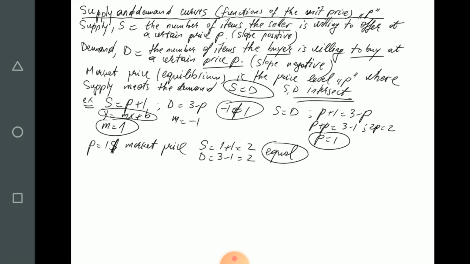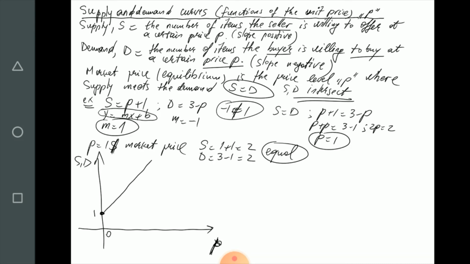Let's actually sketch the two, because I want to comment a little bit on the meaning of the intersection point and the meaning of actually being away from the intersection point. So the horizontal line is P. The supply and the demand are on the y-axis. For the supply, if P is 0, then S is 1. Let's say this is 1, and then the slope is equal to 1.